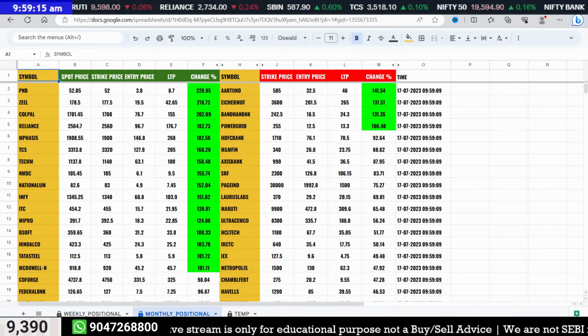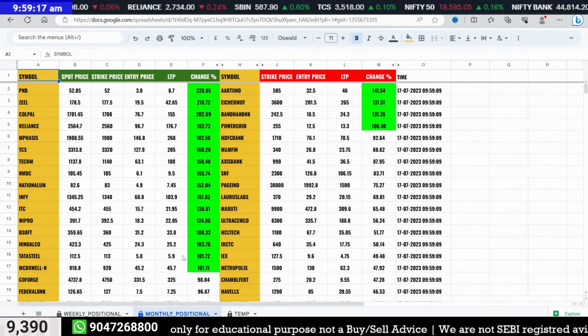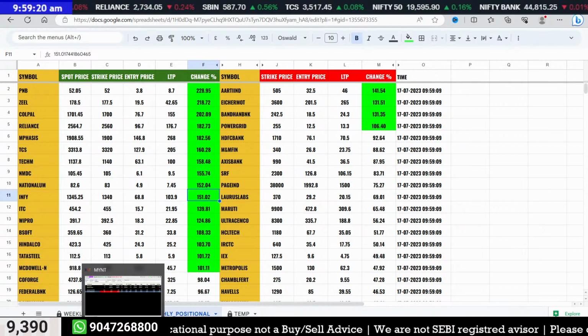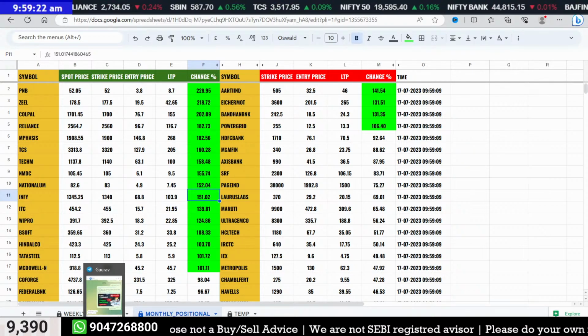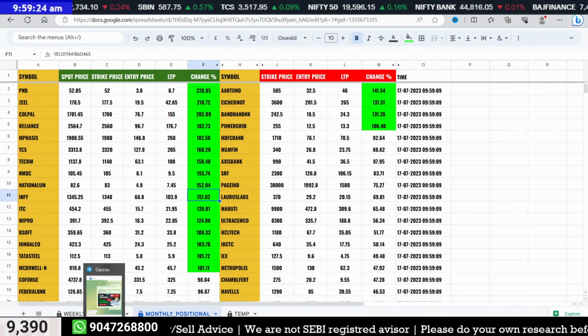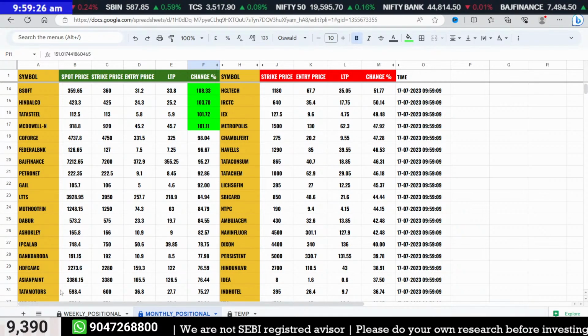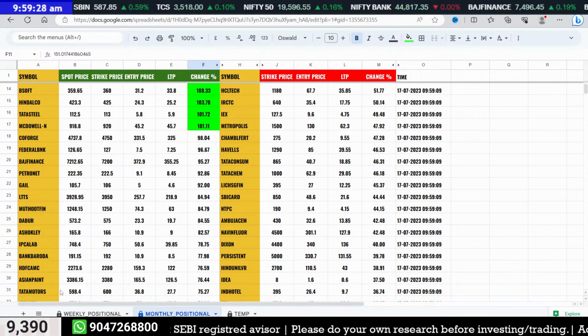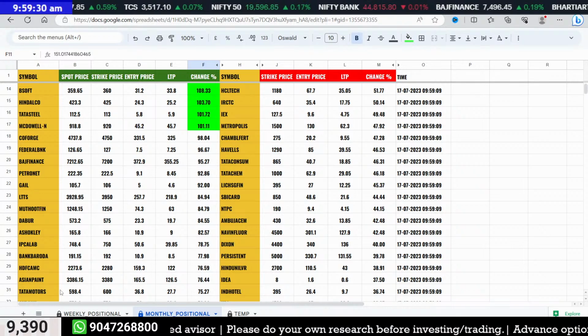As monthly positional, those are holding. So almost as of now 11 stocks are showing you the target. Only if a fresh breakout comes, you can go for it.